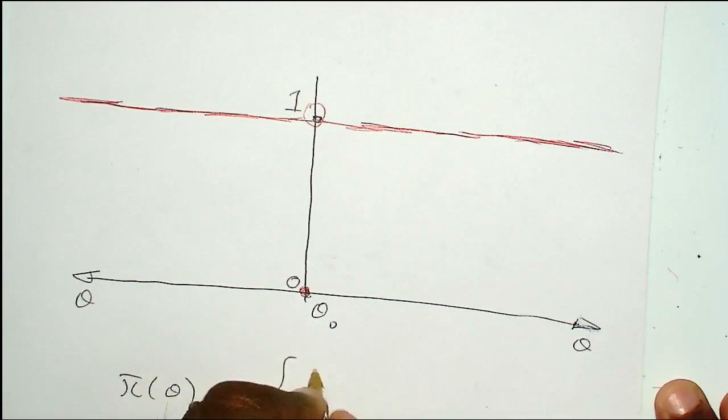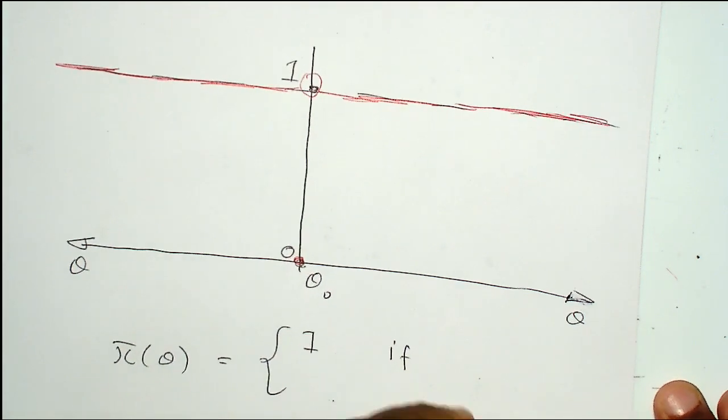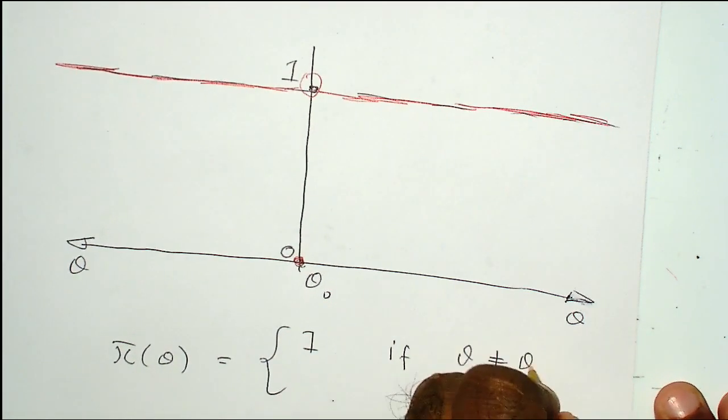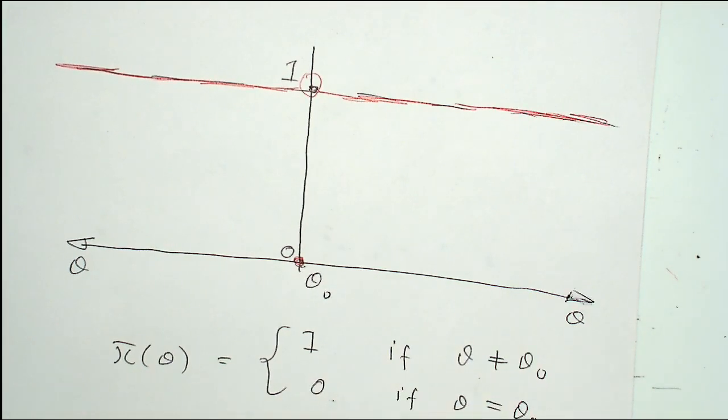So it will be equal to 1 if theta is not equal to theta 0, and 0 if theta equals theta 0. But this will never happen in practice, as I said before. You will never have an ideal function.